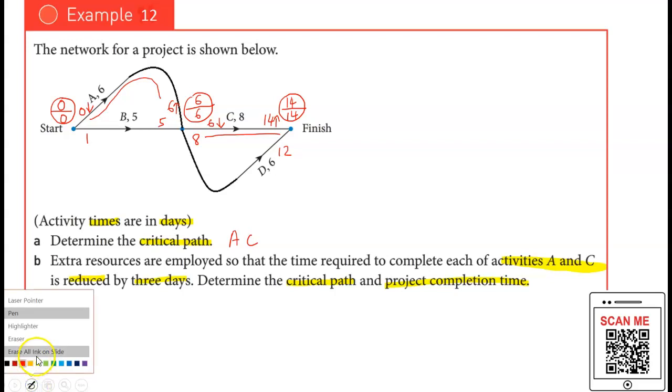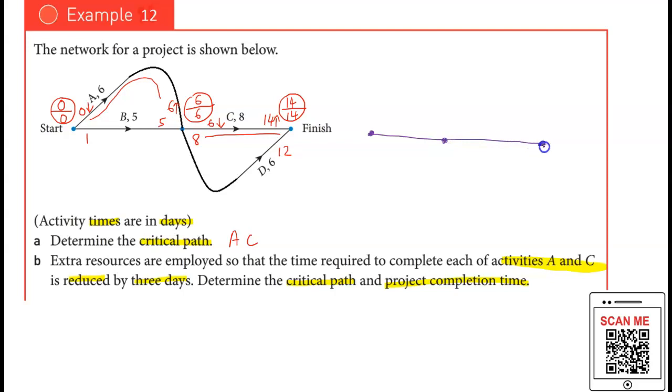Now let's look at the next part of the question. They say extra resources reduce the time for activities A and C, so I'll just redraw the network. This is the start.